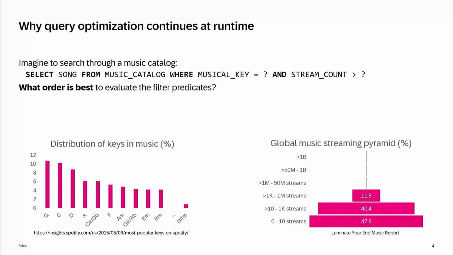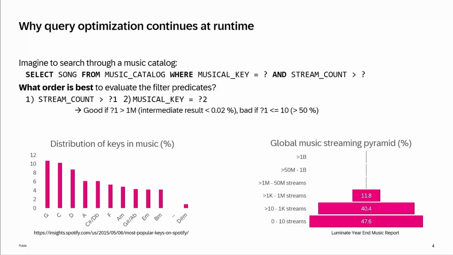So the question is, if you want to execute this query fast, what order would be best to evaluate the filter predicates here? If we evaluate the stream count first, it is good if the user enters an actual threshold larger than 1 million, because we only match 0.2% of the catalog, and we have a small intermediate result.